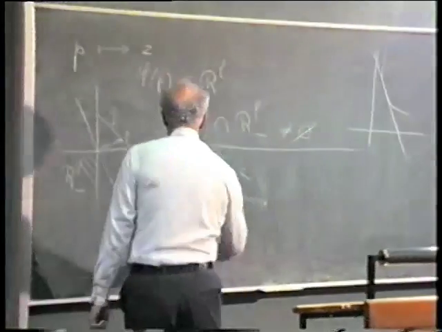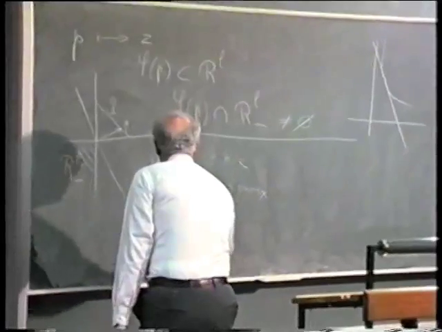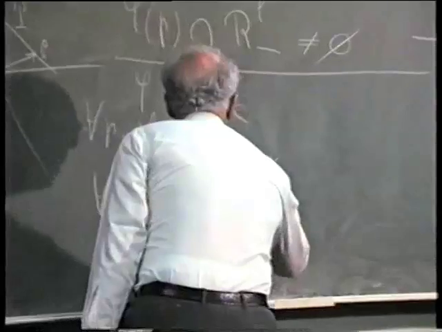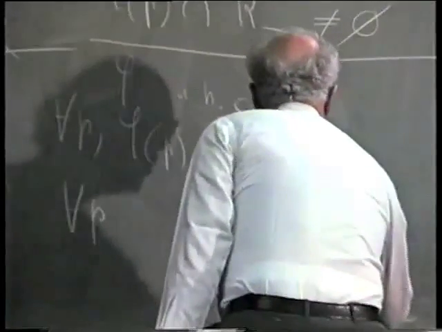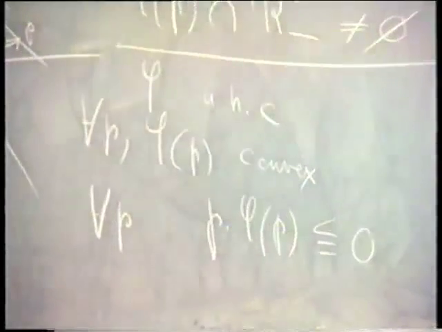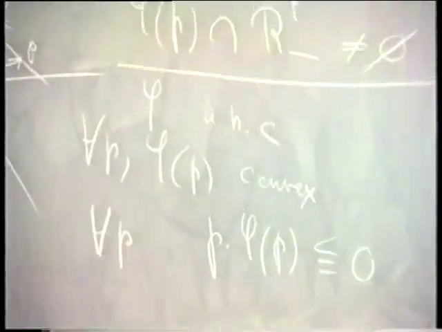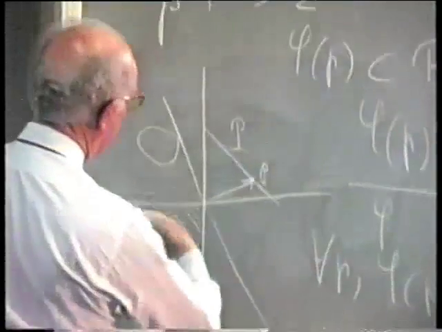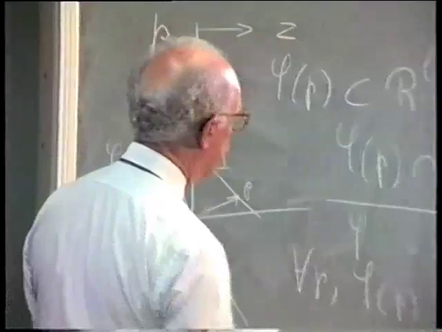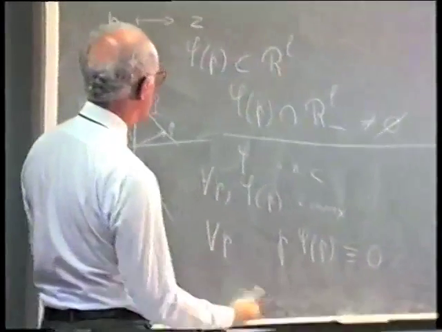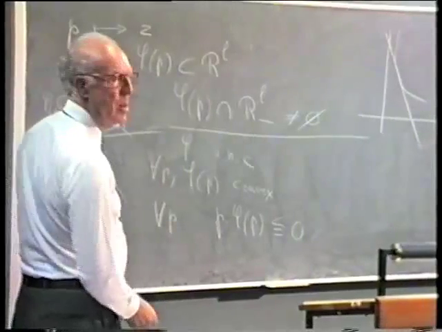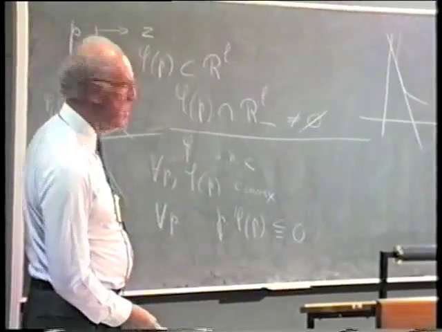And finally, for every p, you assume that p dot f of p is smaller than or equal to 0, which means that the set phi of p is in this closed half space below the hyperplane. This is simply derived from budget constraint and similar observations.